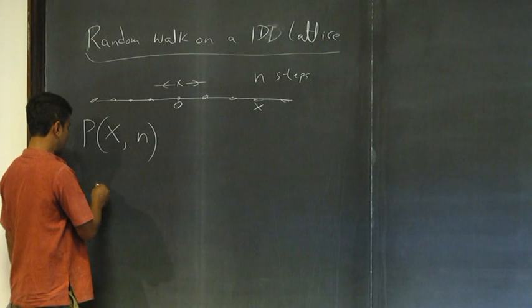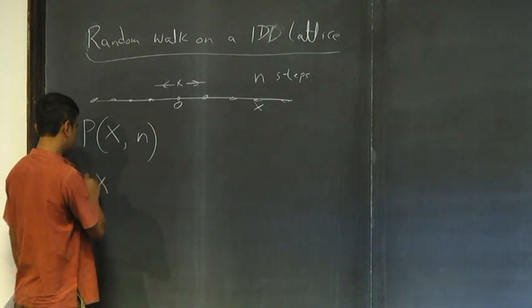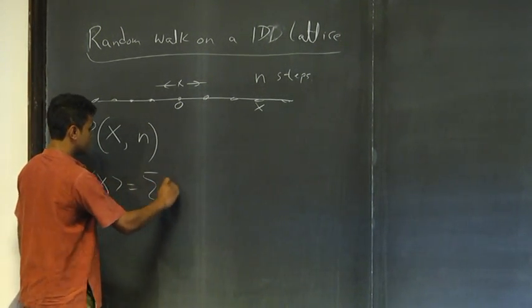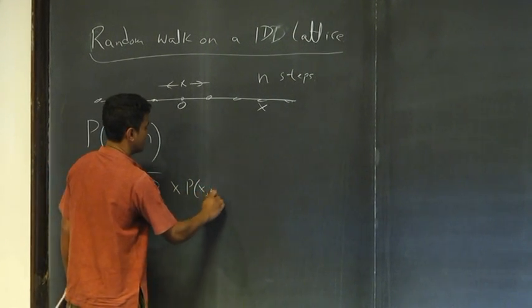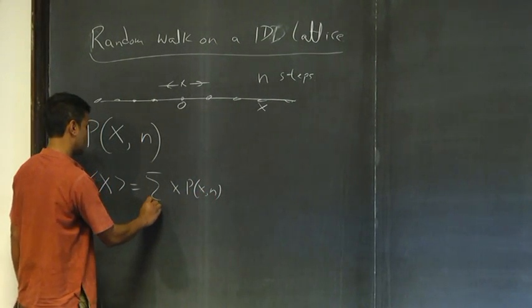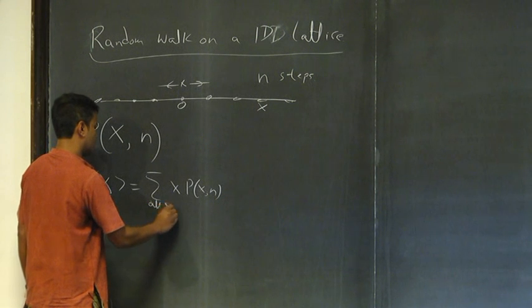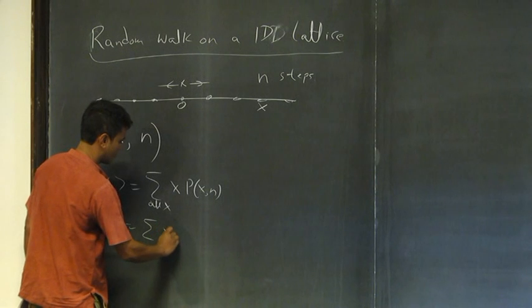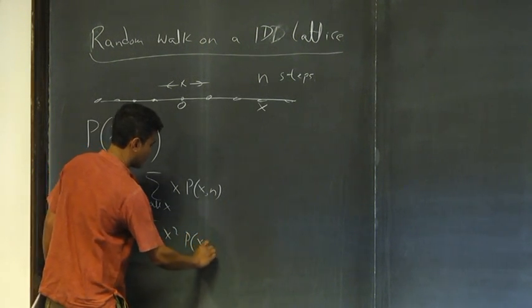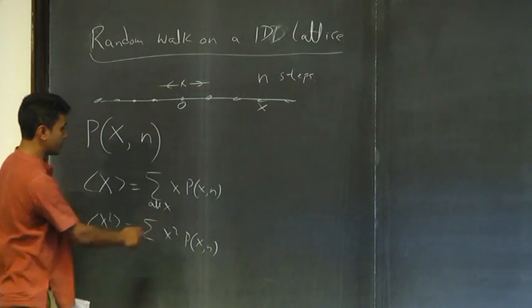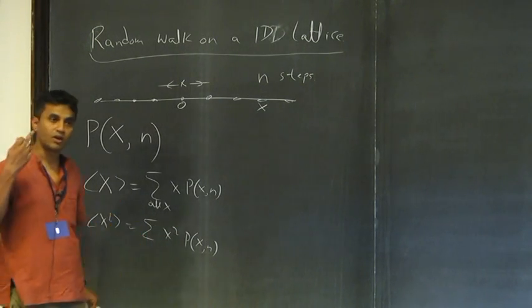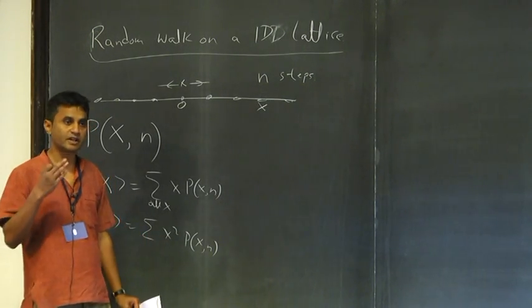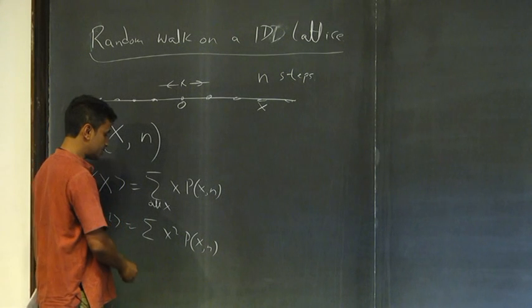And from this you can calculate moments. So x average is, and x square is. Of course from the distribution you can calculate these moments, but we saw earlier that it's much simpler to just directly compute these moments.